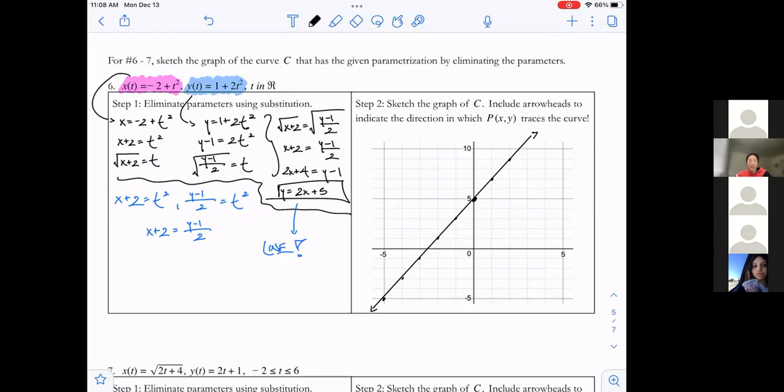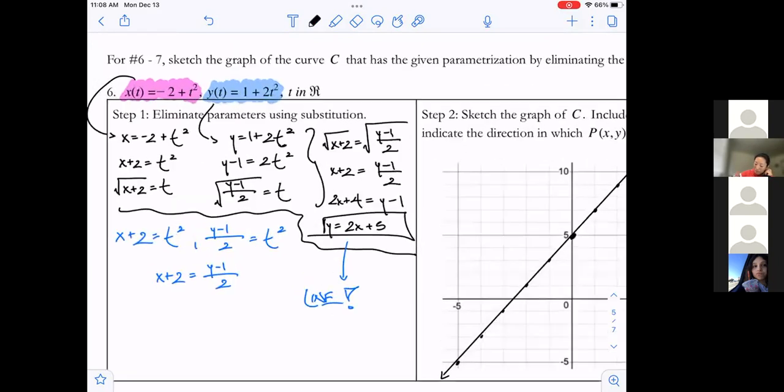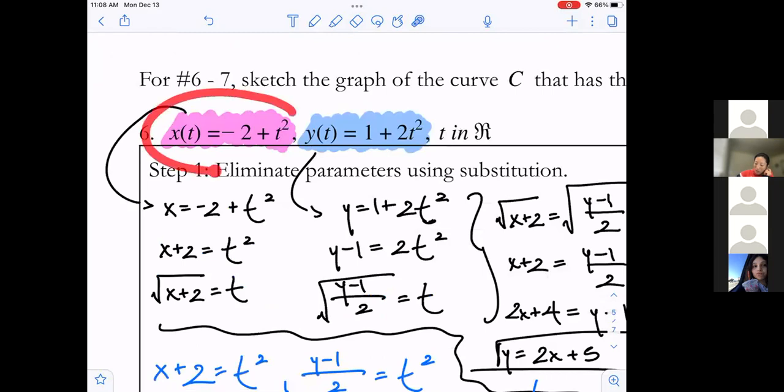And I want us to think about which part it's going to be. Okay. And so let's go back to these equations for a moment. X equals -2 plus t squared. What is the smallest value that I can get for X?